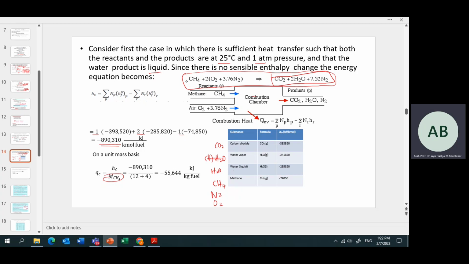Reactant involves your methane, O2, and N2. Now list out all components, identify what are your product components and reactant components. Then find the HF, the H at a particular temperature, and also H at reference.